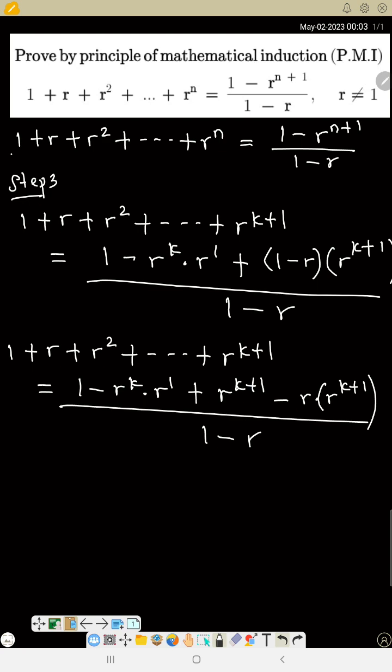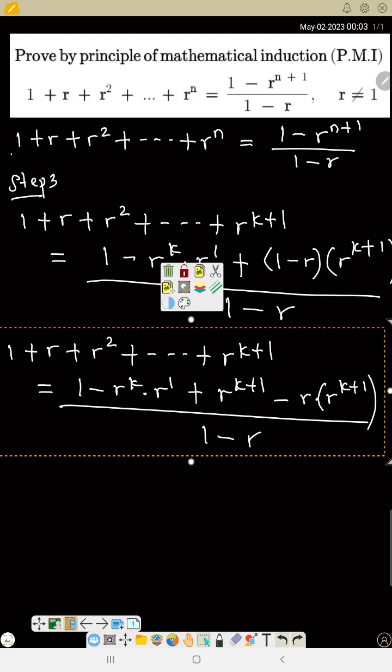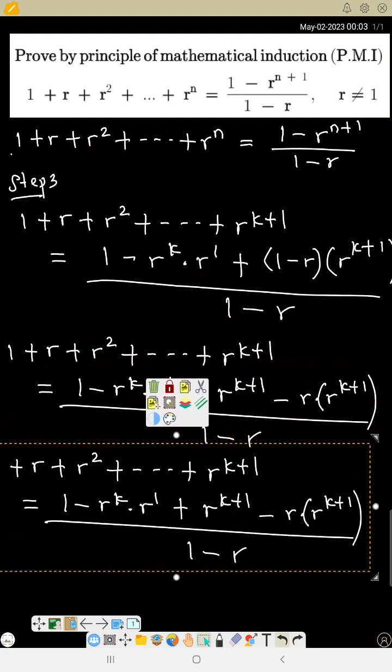So what do we do here? We only expand, that is 1 times this, then r times this. So we expand the bracket there. So if we do that, the terms will cancel out.